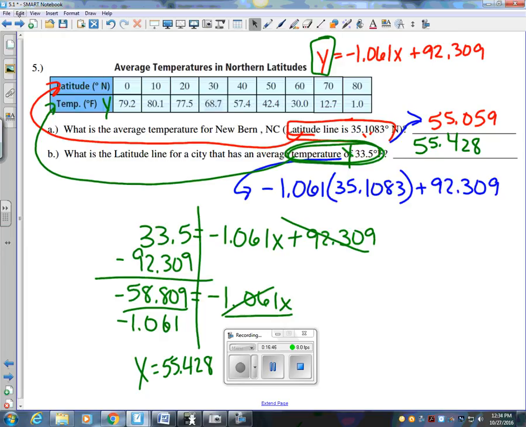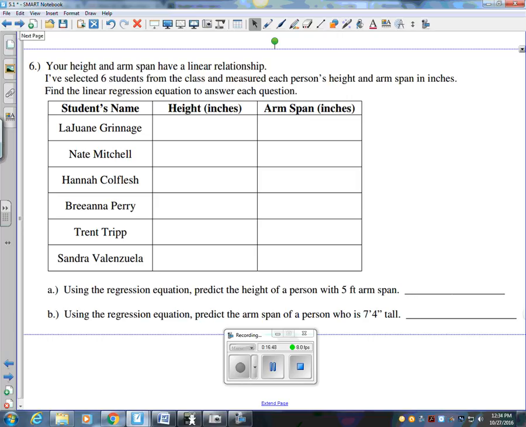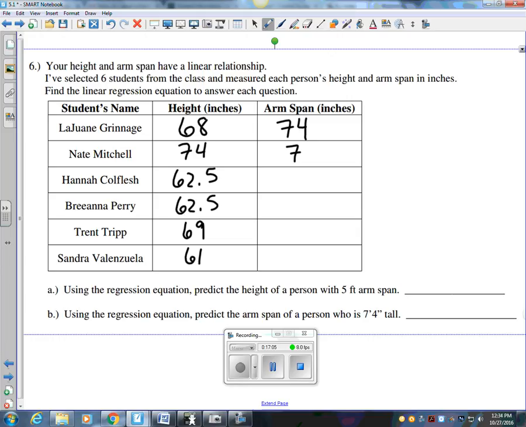All right. Last one. On your handout, I should have already filled in these heights: 68, 74, 62.5, 62.5, 69, and 61. And the arm span: 74, 78, 61.5, 66, 68, and 63.